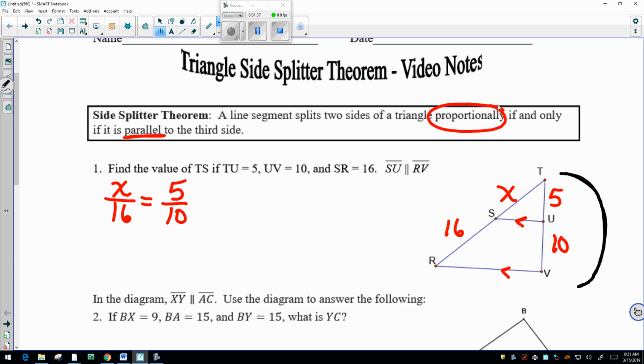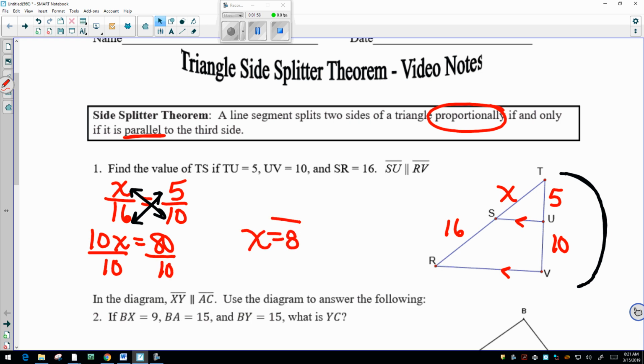Now, when we have proportions, we can think to ourselves, in order to solve this, we want to cross multiply. So if we cross multiply, I would have 10x on one side. On the other, 16 times 5, we're going to get a total of 80. And then dividing through by 10, we're going to find x is equal to 8.